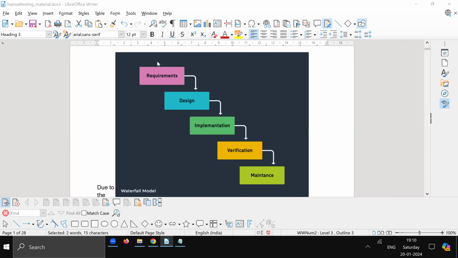Big projects means like a big banking project, or a software which has to be developed for a big insurance company, or an online reservation system. For such projects, is it possible that all requirements be gathered first and then only design shall begin?